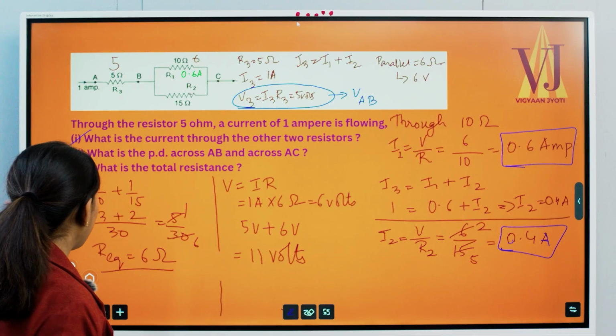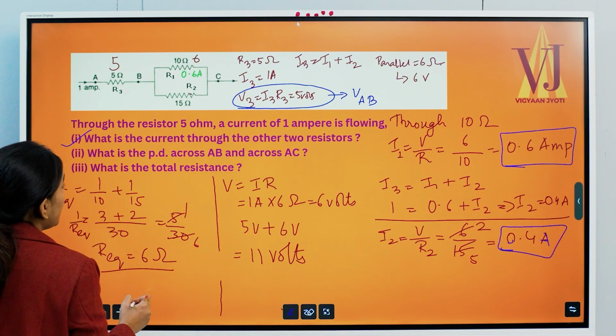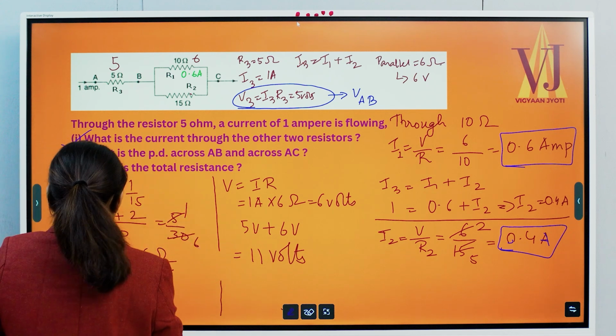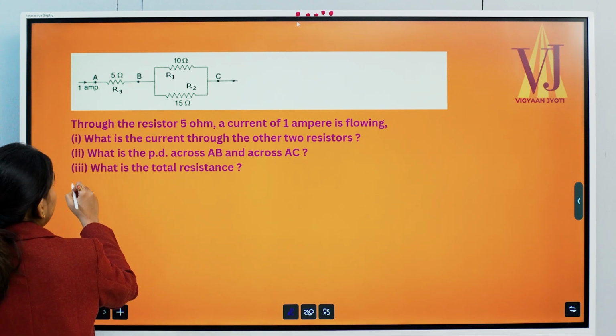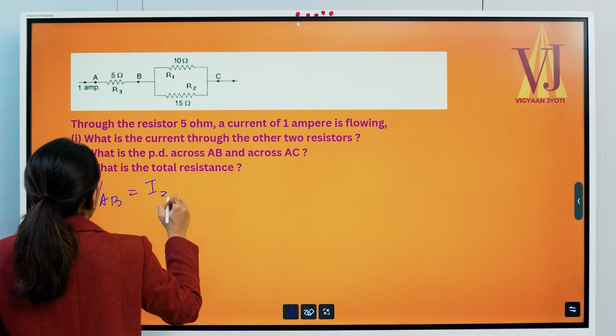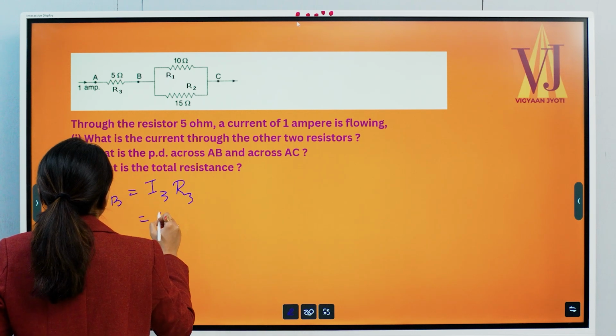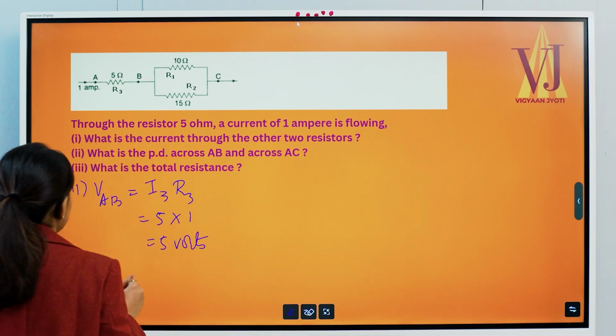Have I not done this? No, I have not done this. So across AB we have found out, right? VAB is equal to I3 times R3, which is 5 into 1, that's 5 volts. This is done already. Clear?